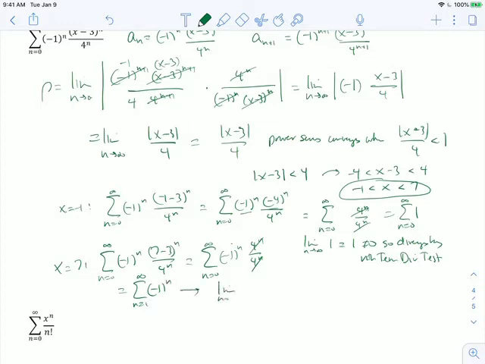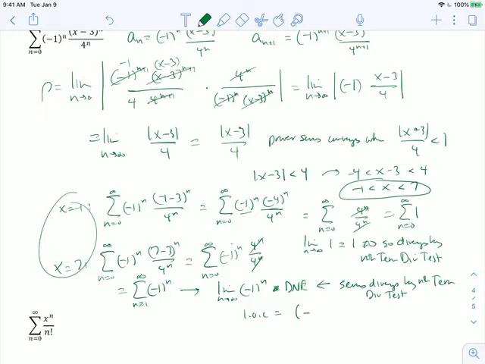Our general term is (-1)^n. The limit as n goes to infinity of (-1)^n alternates between plus 1 and minus 1, and so this limit does not exist. And so again, the series diverges by the nth term divergence test. If it diverges at both of these endpoints, my interval of convergence is simply the open interval from minus 1 to 7.